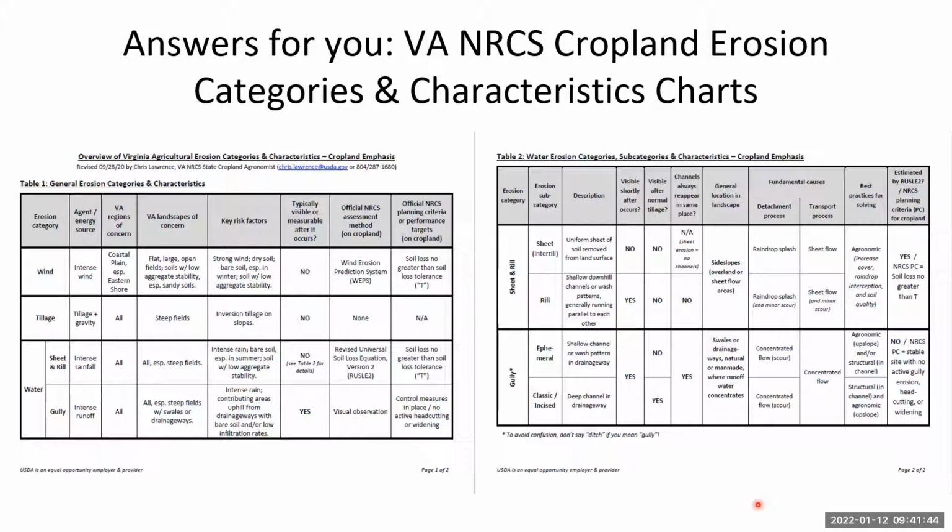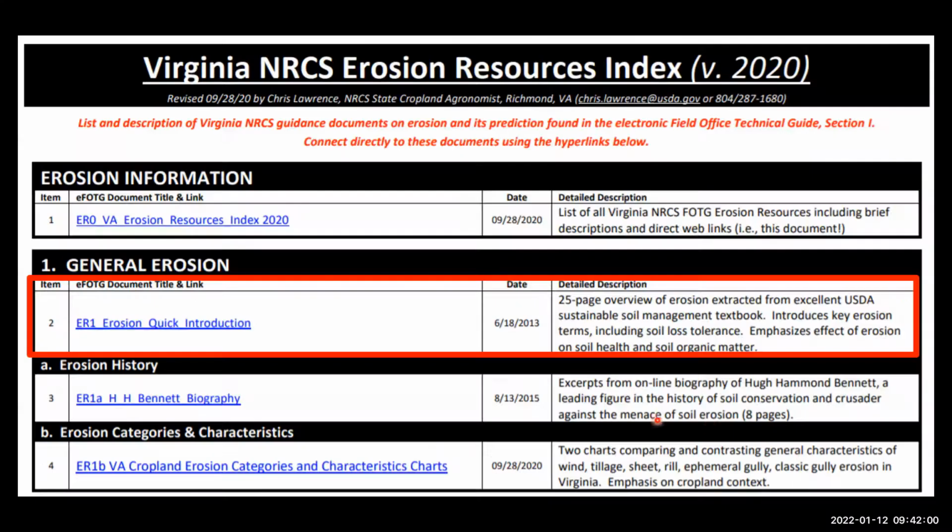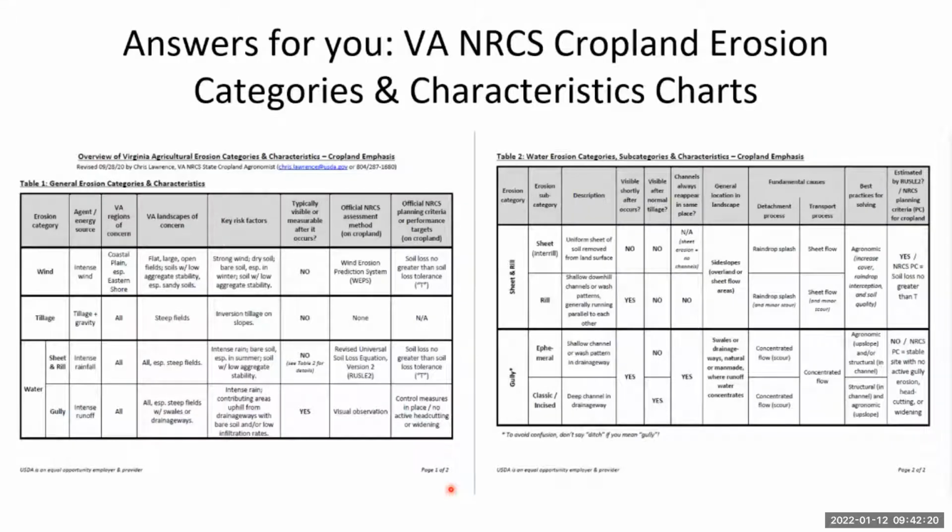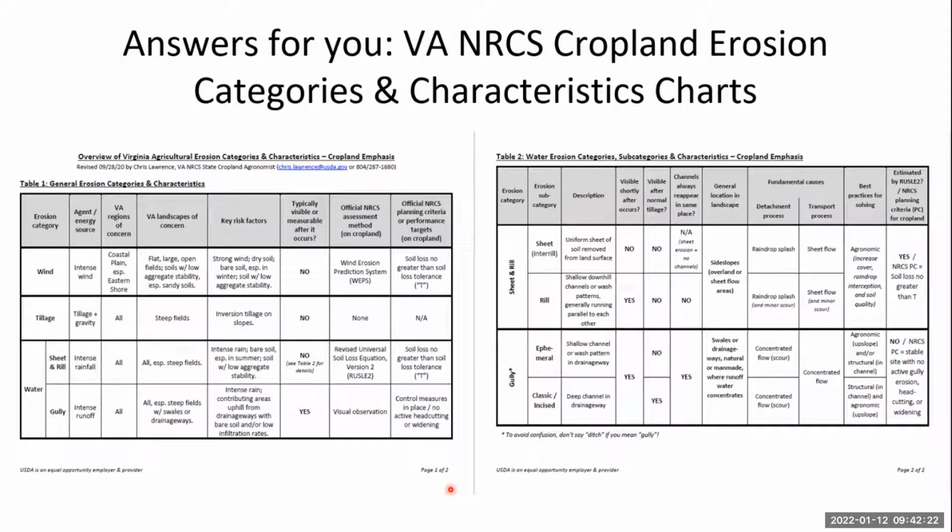So these 2 charts pretty much spell it out for you. This erosion categories and characteristics chart is here in the Erosion Resources Index. This chart, which has essentially the answers to the questions I posed, is at the index, and you could get it right now. I did not post it to the chat, but we'll take a closer look at it.